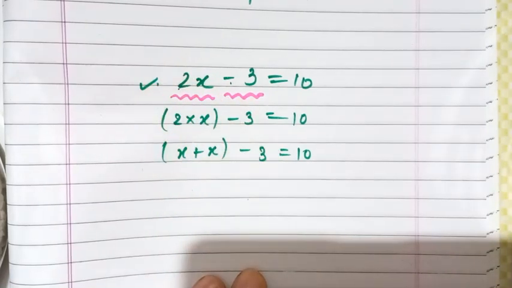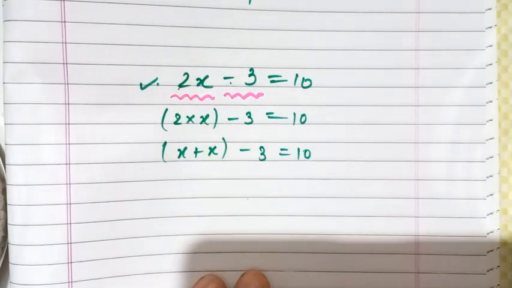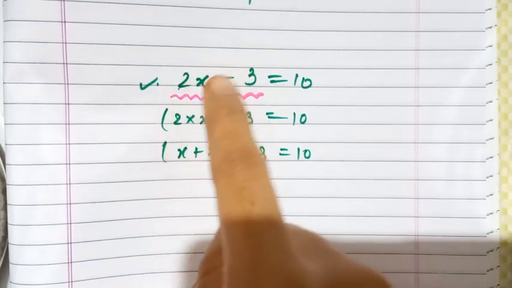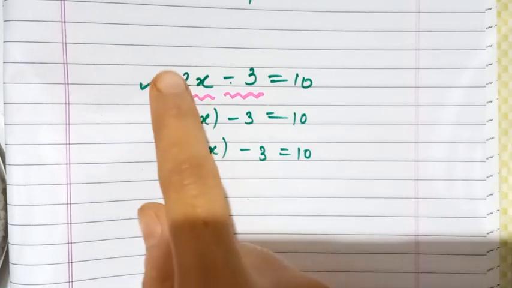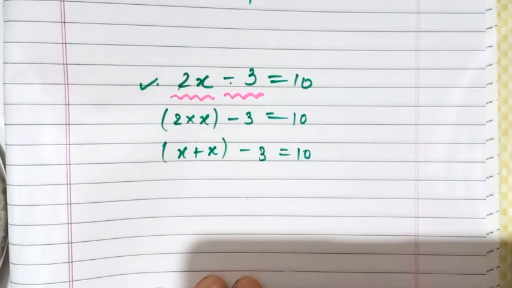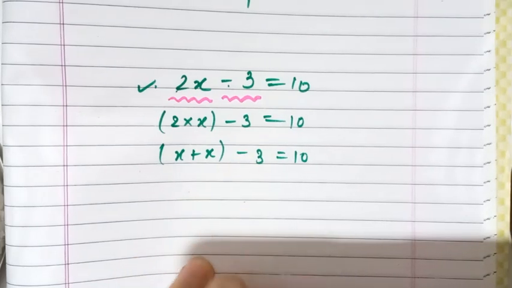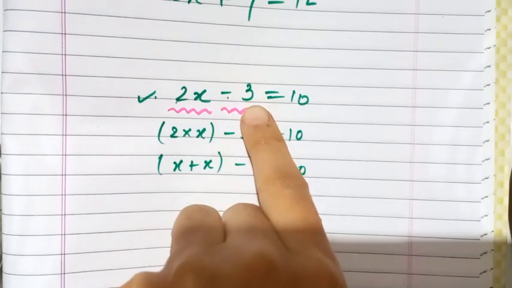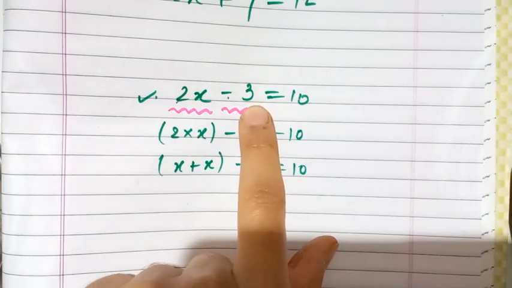Any number which is multiplied with a variable is called a coefficient. A number which is not multiplied with a variable is called a constant.